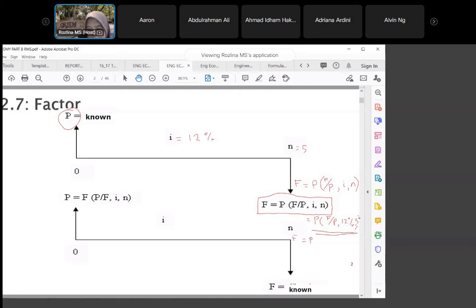Okay, P. You know the formula of F over P ni ialah (1 plus I) power of N. So F equal to P, let's say 500, yang tadi tu kita ambil je. 1 plus 0.12 kuasa N, power of 5.